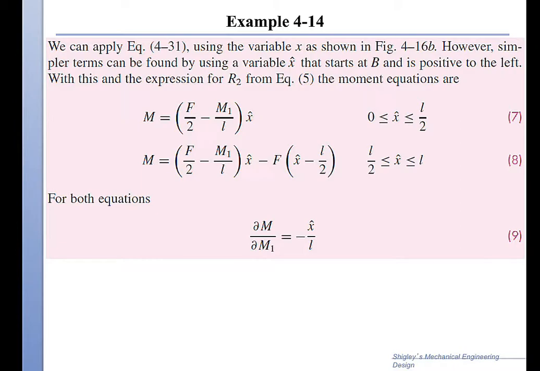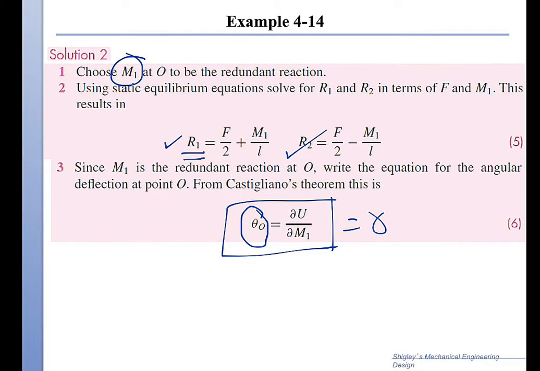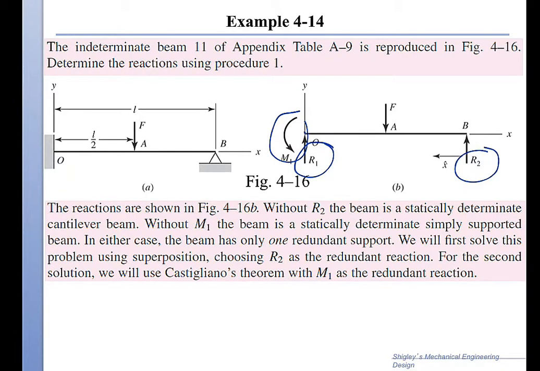So if I use now x to be the variable shown, x hat in this case is going in the negative x direction. Sometimes it's more convenient to use local coordinates like this so that we can obtain the energy in an easier way.